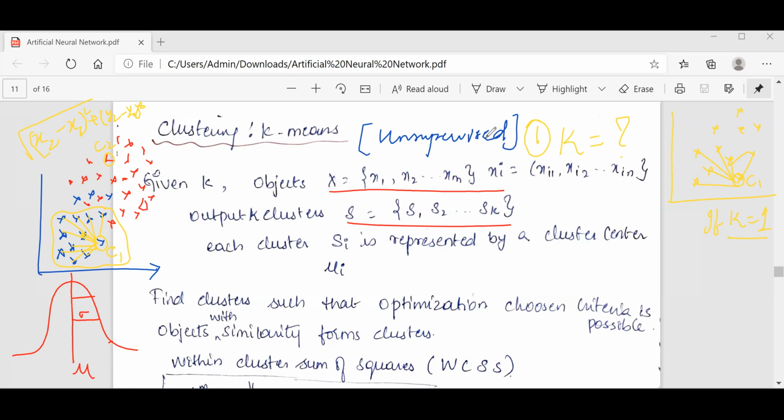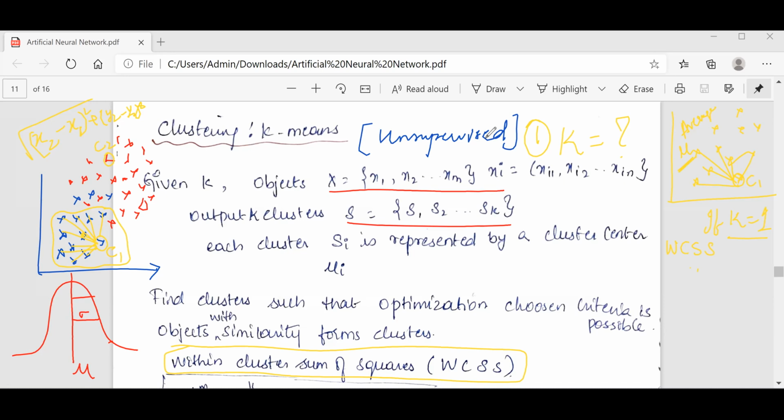I take the mean value of it, and when I represent it in certain terms, we call it the within cluster sum of squares, WCSS. What does WCSS mean?